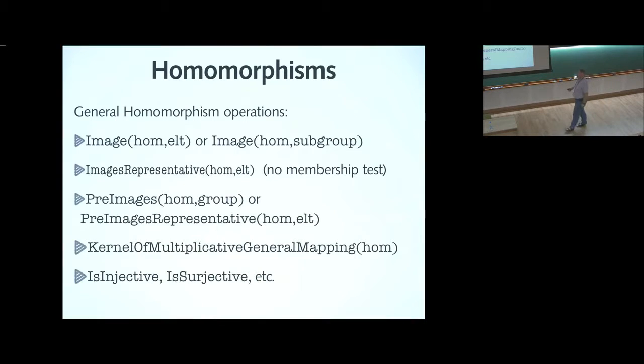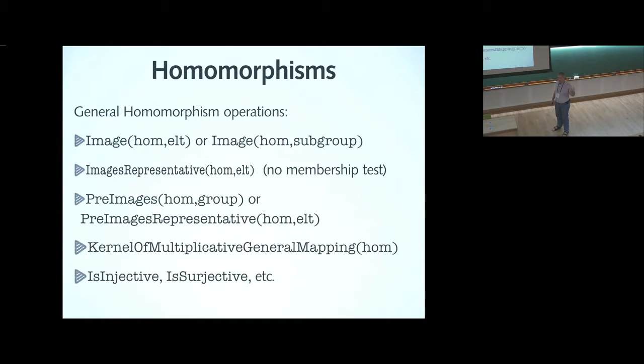Kernel: since GAP has not just group homomorphisms, but also ring homomorphisms and so on, the function is called a little bit longer. It's called KernelOfMultiplicativeGeneralMapping. Oh, I didn't talk about command line completion. What you can do in GAP is, whenever you type in part of a command, you can type tab.